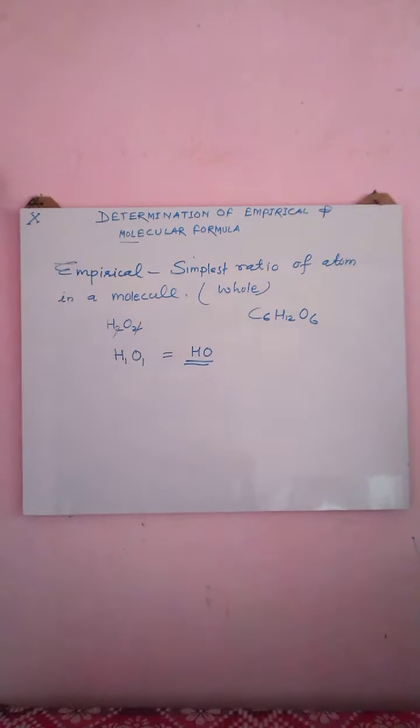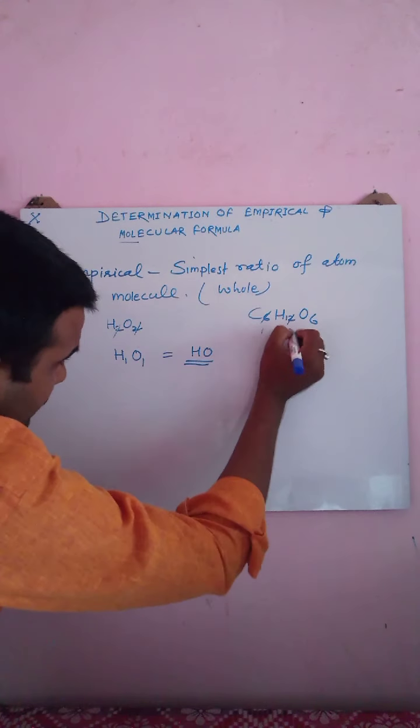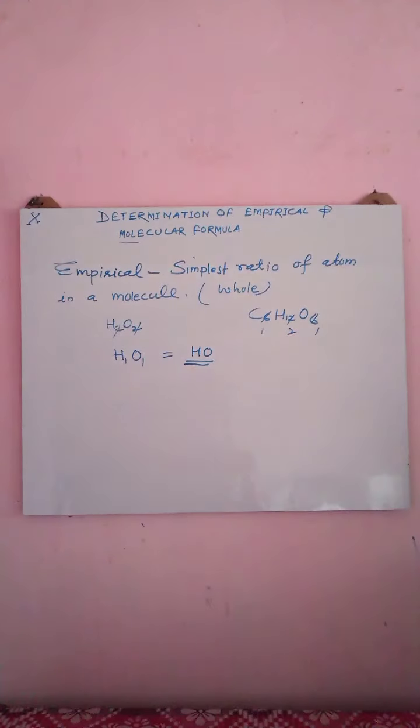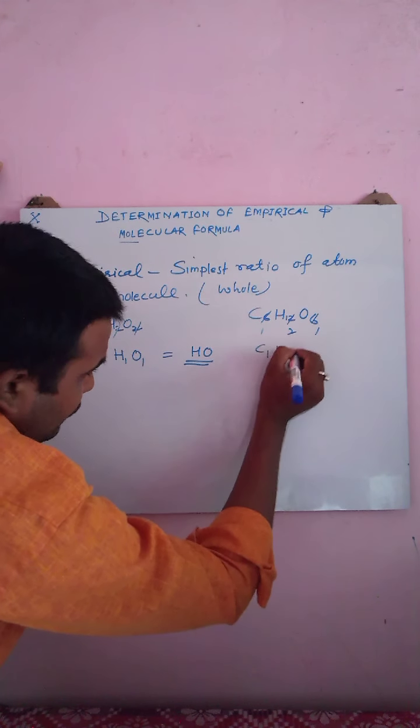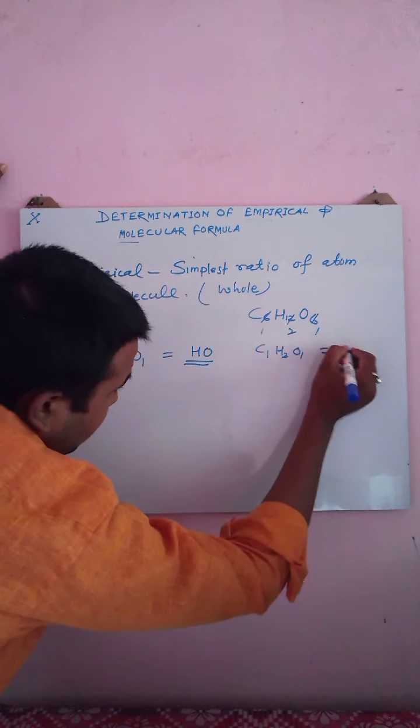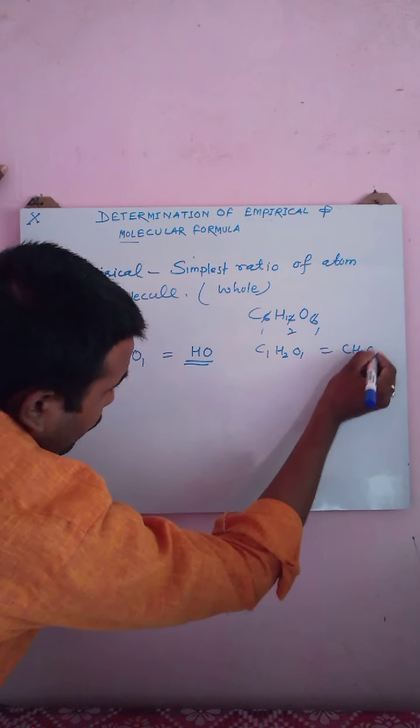Similarly, glucose molecule, C6H12O6. What will be the empirical formula of glucose? You have to find out the simplest whole number ratio of different atoms present in glucose molecule. Okay? 6, 12, 6 gives 1, 2, 1. So simplest ratio will be C1H2O1, or you can say CH2O.